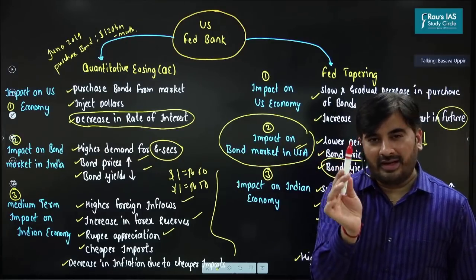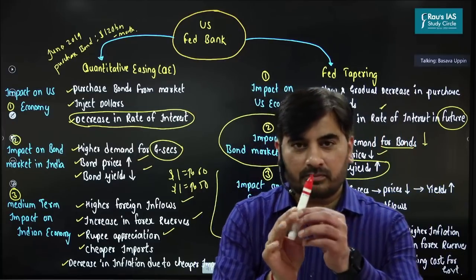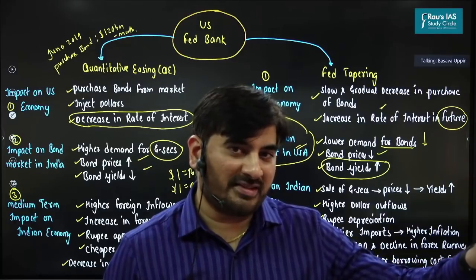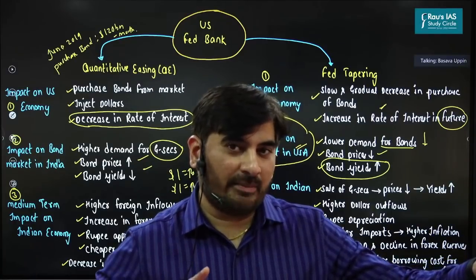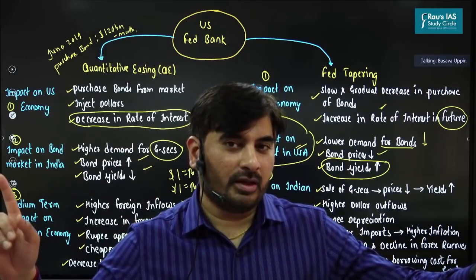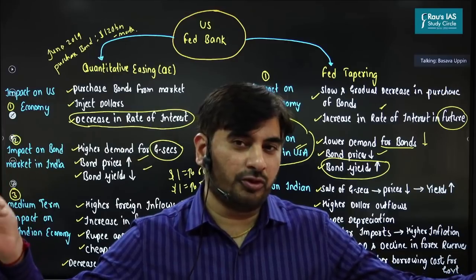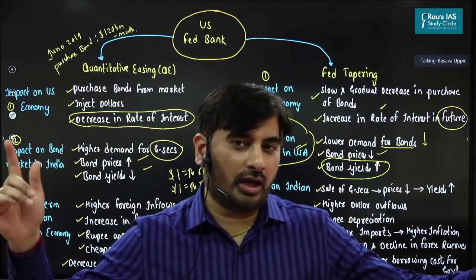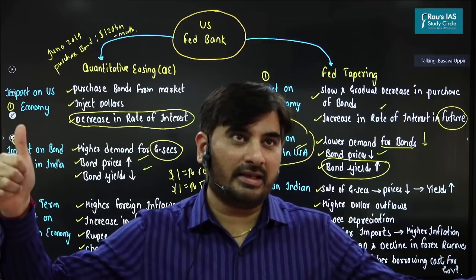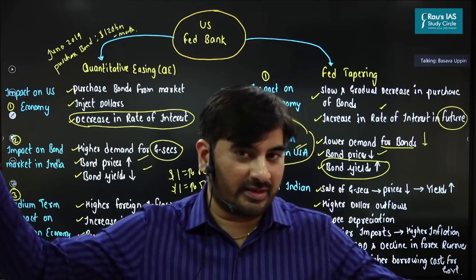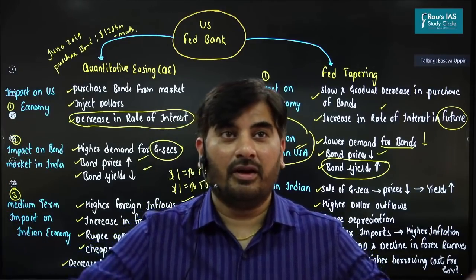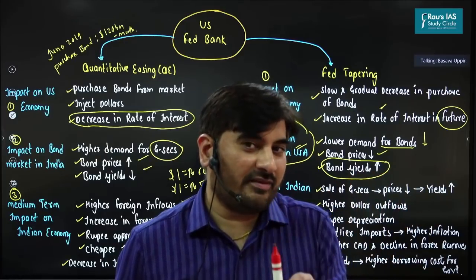Now let's say you are a US investor. You have invested your money in Indian bonds, Indian government securities. US Fed Bank has announced Fed tapering. Because of the announcement of Fed tapering, there's an anticipation that in future, demand for government securities in US will reduce. Because of that, the yield rates in US will increase. So what will you do as a US investor?